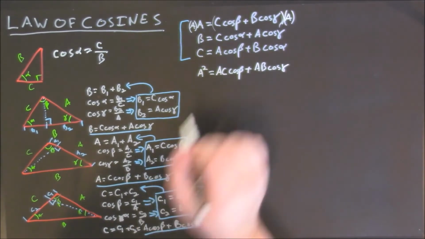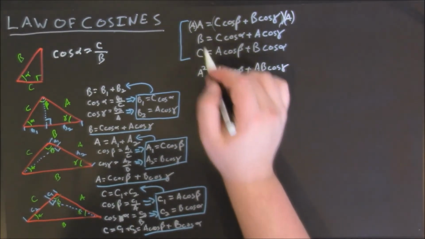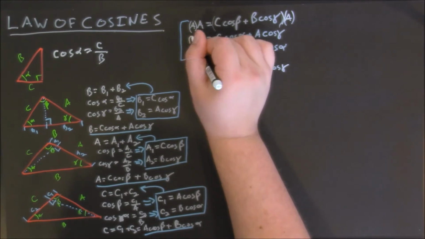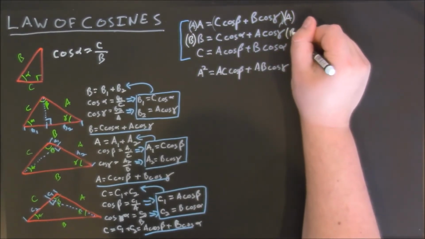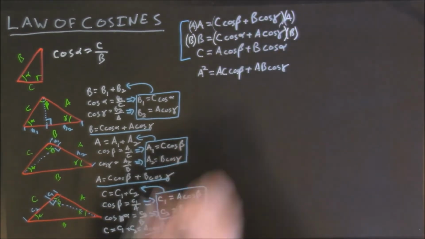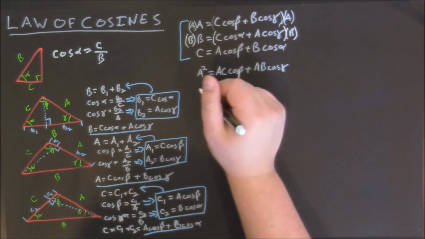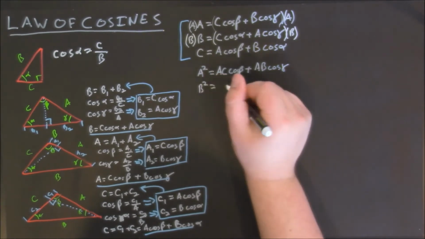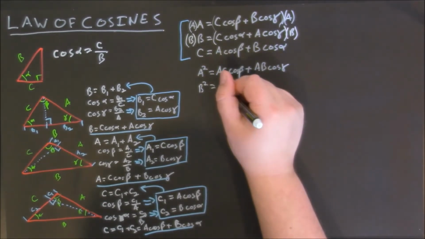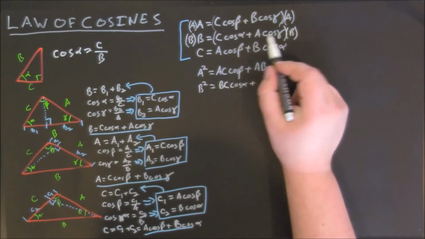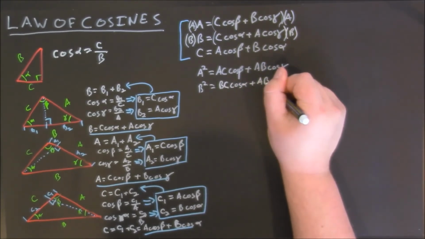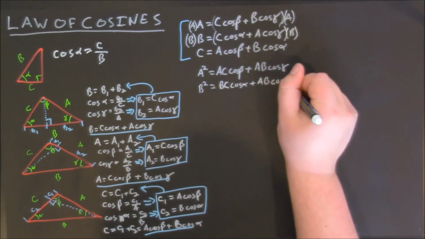Now we're going to repeat this with the other two equations. So with the second equation, we multiply both sides by B, and what we get is B squared is equal to BC cosine alpha plus AB cosine gamma.